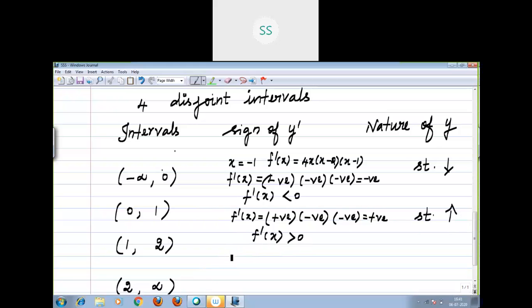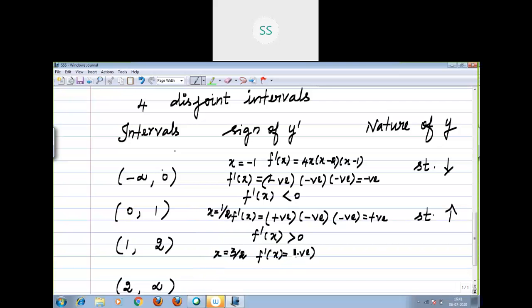1 comma 2 means you can assign x is equal to 3 by 2, that is 1.5, right? F dash of x, first bracket, that is 4x, will act as positive.